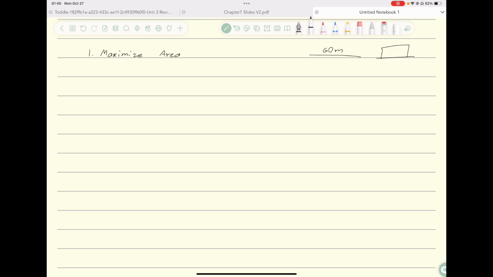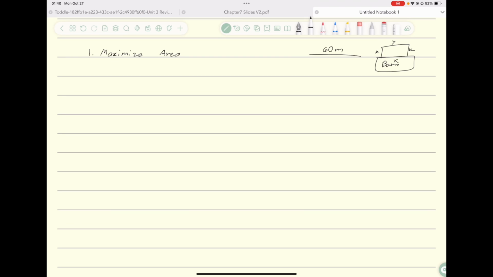The rest will be the barn, which we will not use, so we can ignore this side. Let's say this side is X and this one is Y. We need to know the domain and restrictions. The question says we will only use 60 meters of fencing, so we can split 60 in half and we'll get 30.